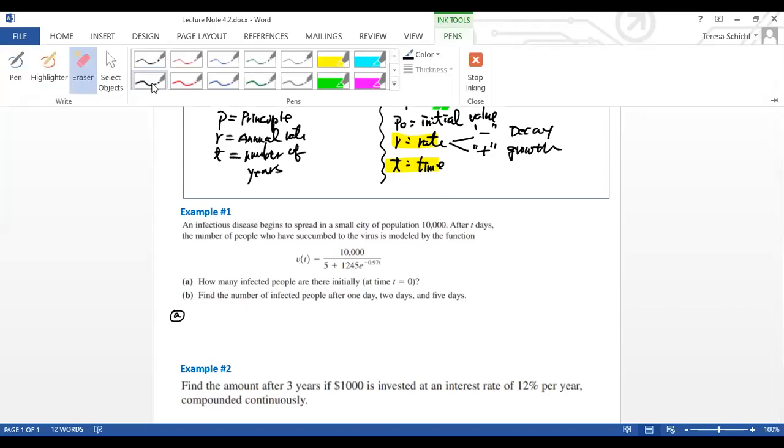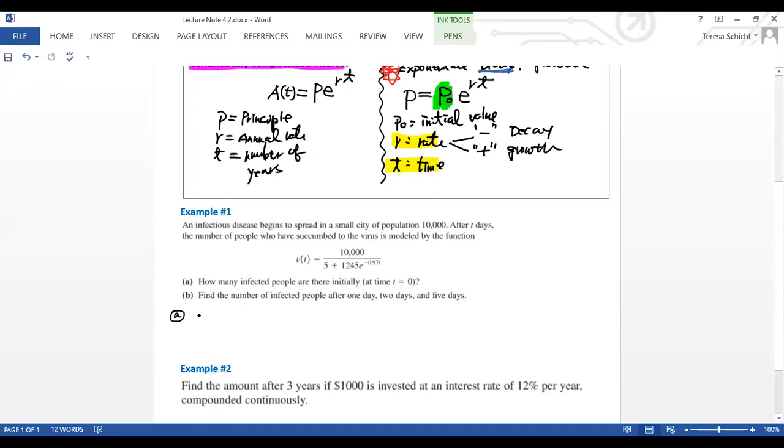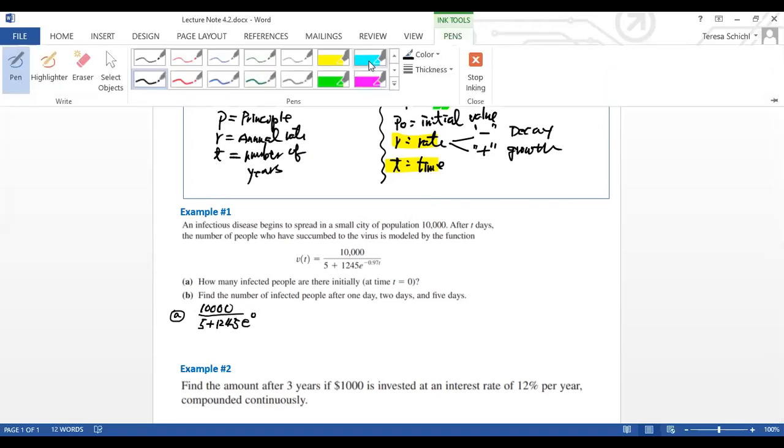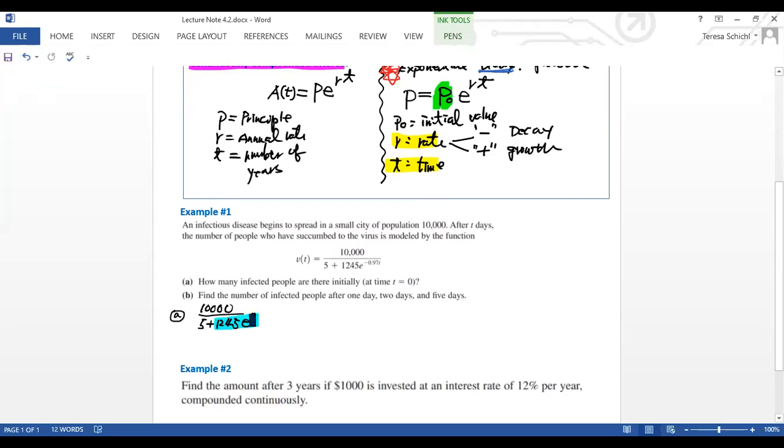Initially, that means t equals 0, so you will have 10,000 over 5 plus 1,245 times e to the 0. So e to the 0 is 1, right?